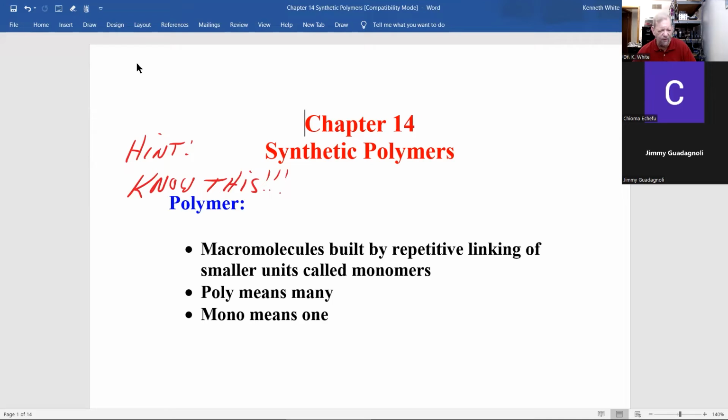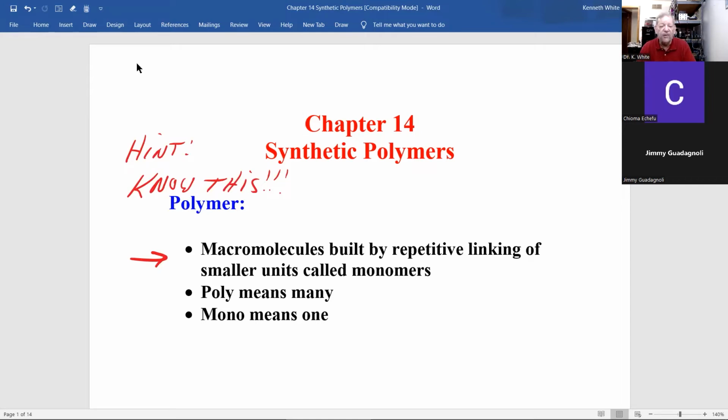And you should know, what is a polymer? A polymer is a macromolecule. Macro means big, and I mean big, molecule built by repetitive linking of smaller units called monomers. The word poly means many, and monomer means single unit, so many units made of monomers.